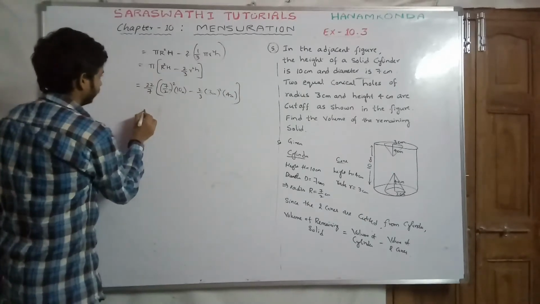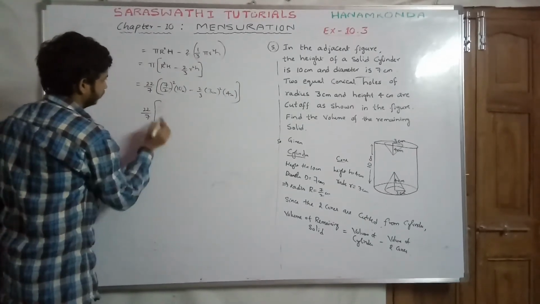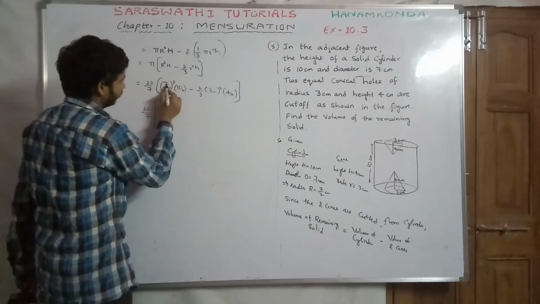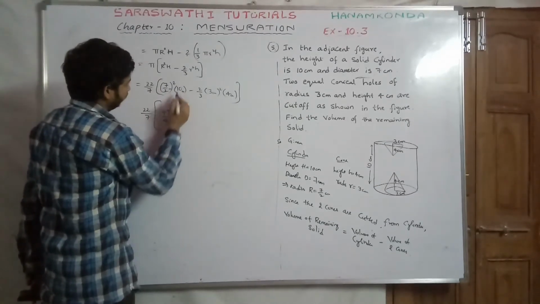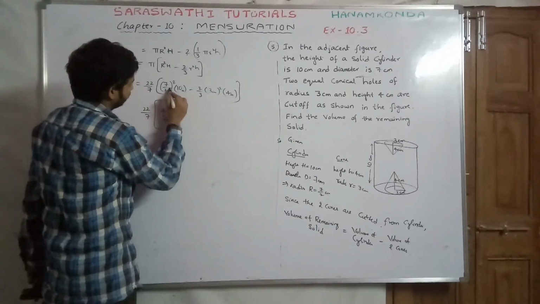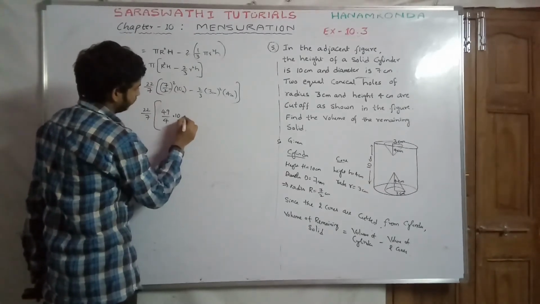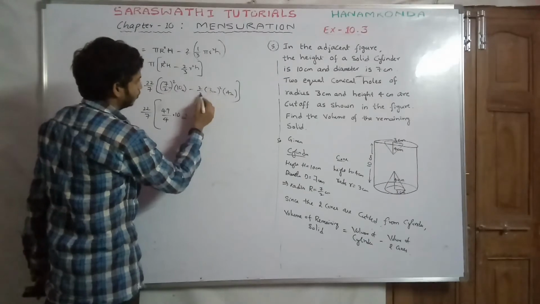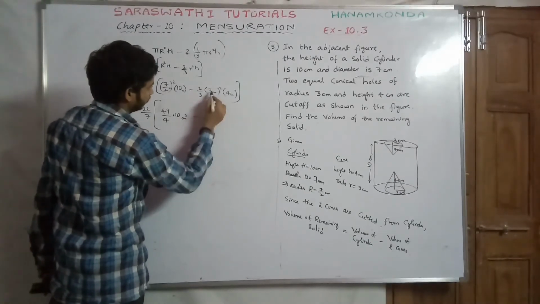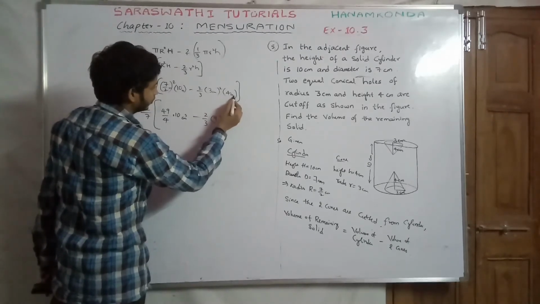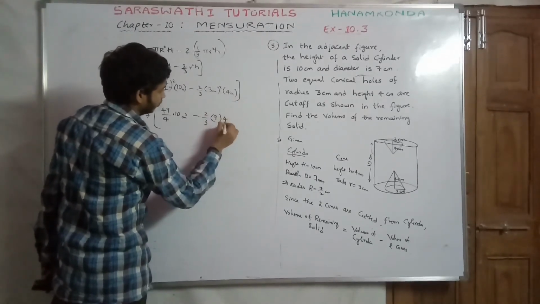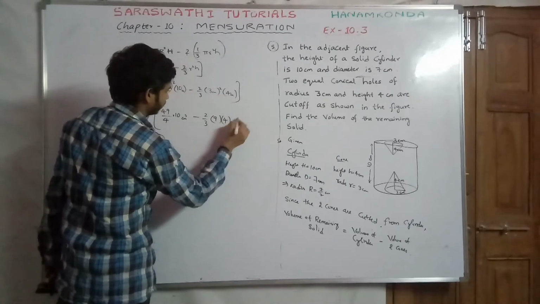So 22 by 7 into 7 square is 49 by 2 square is 4, into 10 cubic centimeters, minus 2 by 3 into 3 square is 9 into 4 cubic centimeters.